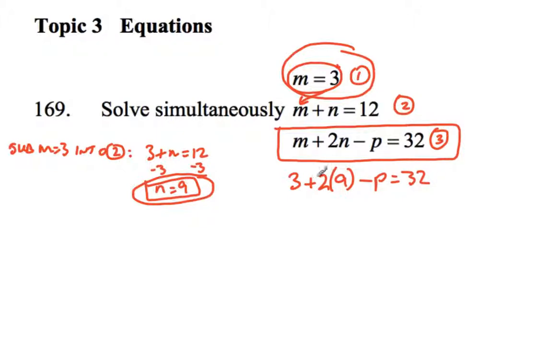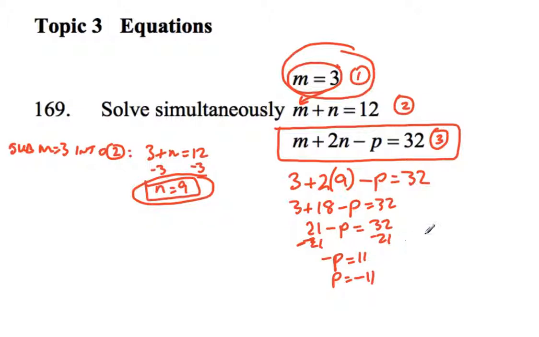And if I get p on its own, I'll be able to solve this equation for p as well. 3 plus 18, 2 lots of 9 is 18, minus p equals 32. I could join those together and make 21 minus p equals 32. I could minus 21 both sides if I was able to write neatly. Minus p equals 11, and then I could just say p equals minus 11 in that situation.